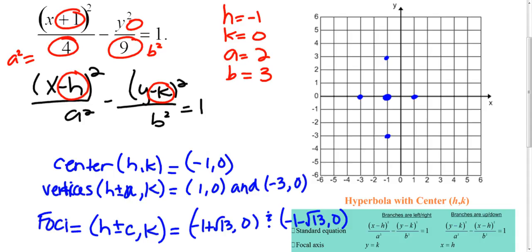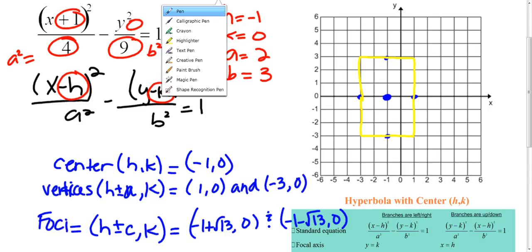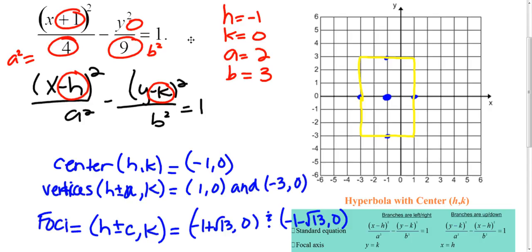I'll make my box that kind of connects those, like that. I'm going to make my imaginary lines in here. It's a little thicker than I wanted it to be, but that's okay. These are my asymptotes. But you have formulas for the asymptotes if you want to use them.